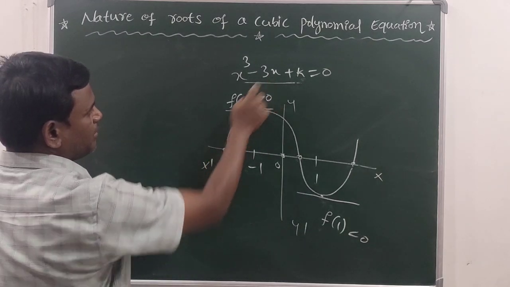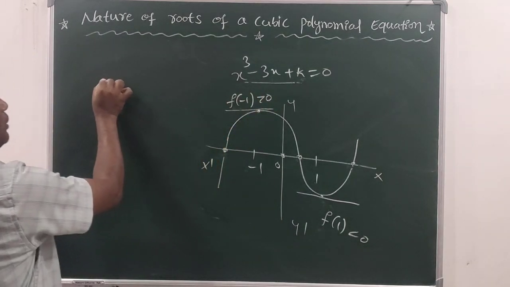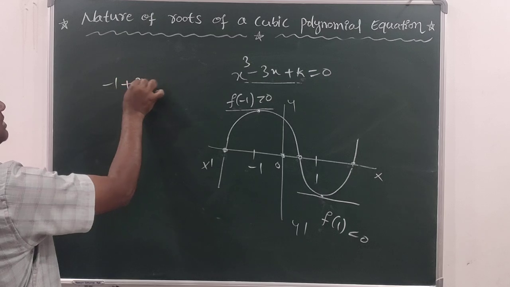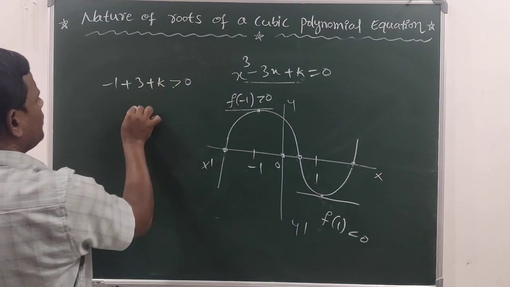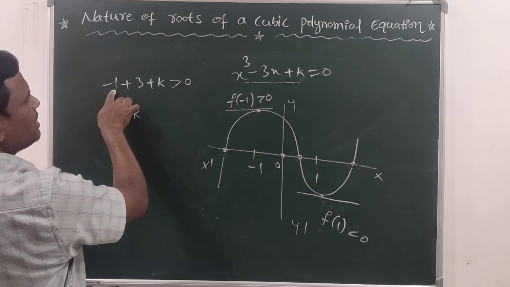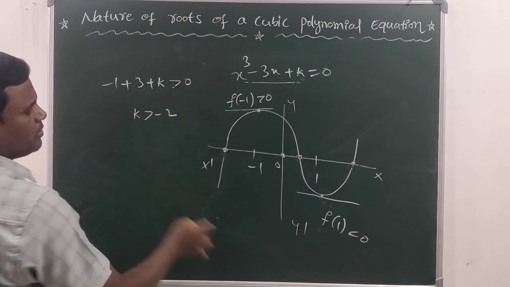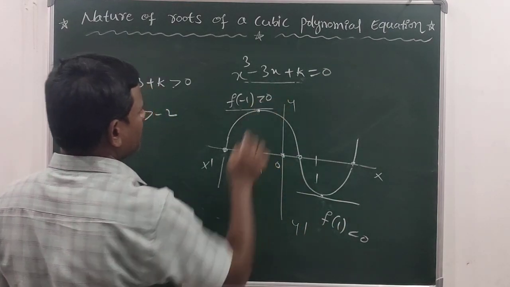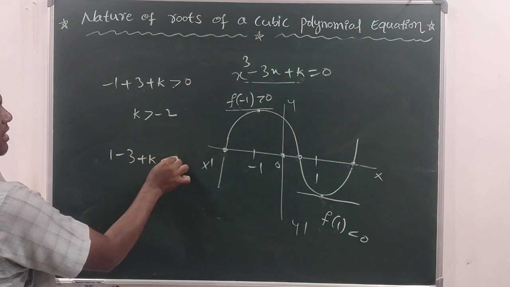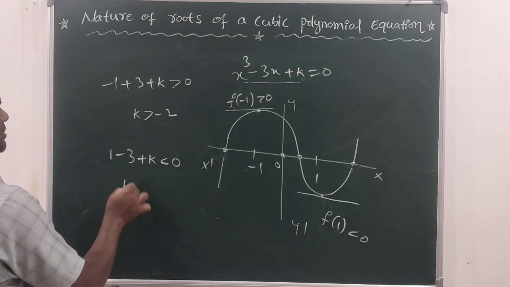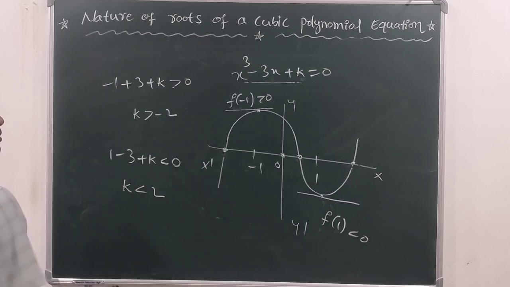Now write here minus 1. If I write minus 1, here it is going to be minus 1 plus 3 plus k, which is greater than 0. Now k is 3 minus 1, 2, greater than minus 2. Here f of 1: 1 minus 3 plus k is less than 0, so k is less than 2.